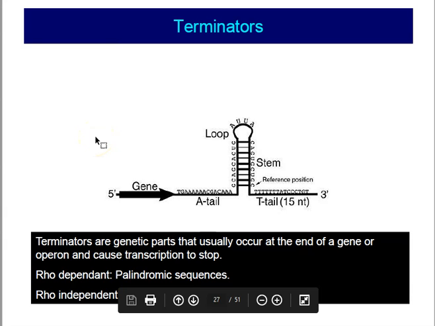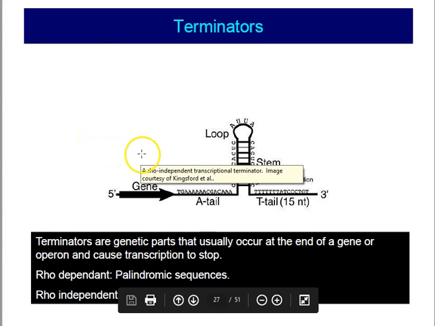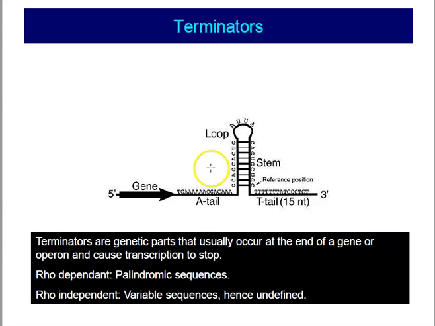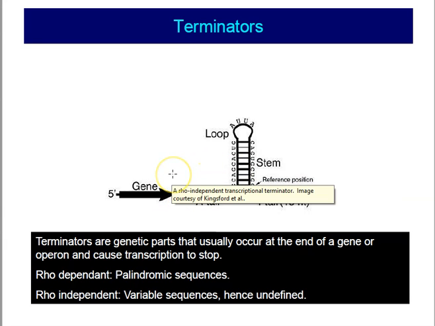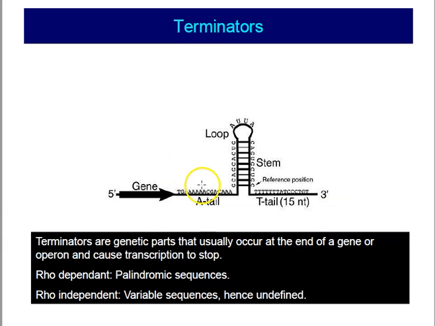Finally, you have the part which is known as a terminator. Terminators are basically parts which turn off the gene expression at the end of our RNA molecule.